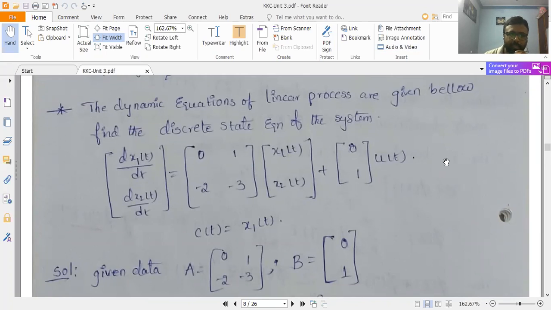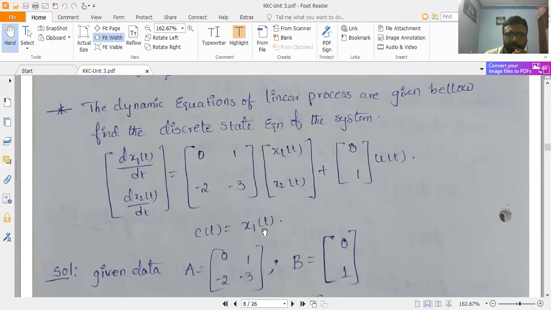So in this one, he has given d by dt of x1 of t, x2 of t is equal to [0 1; -2 -3] times [x1 of t, x2 of t] plus [0; 1] into u of t, and c of t he has given as x1 of t.